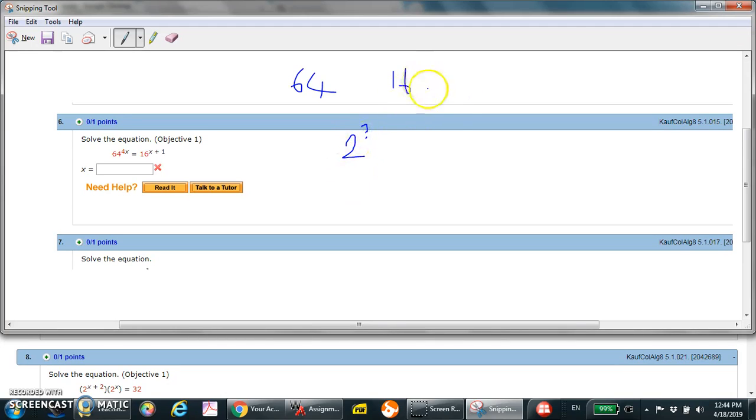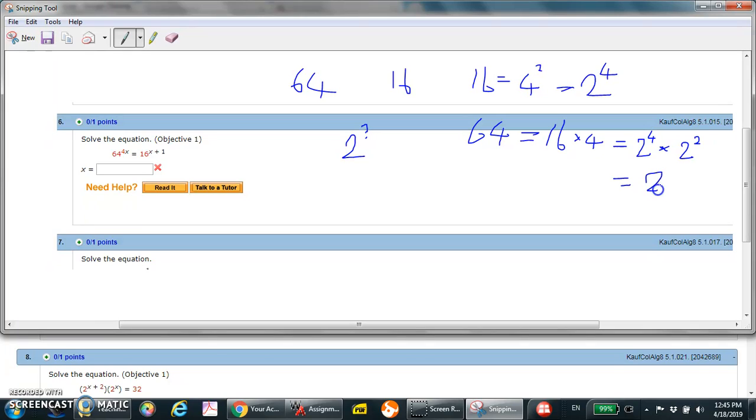Since 16 equals 4 squared, which is 2 to the 4, and 64 is 16 times 4, which is 2 to the 4 times 2 squared.